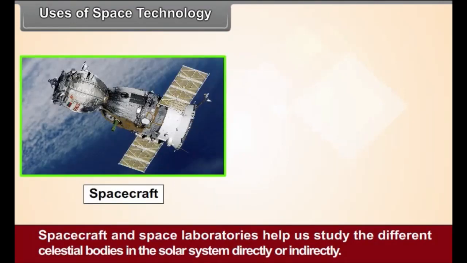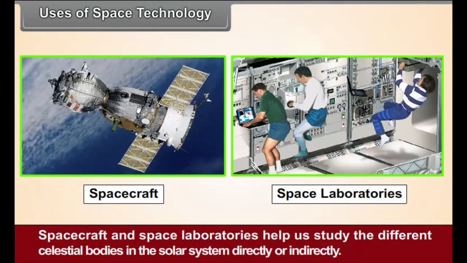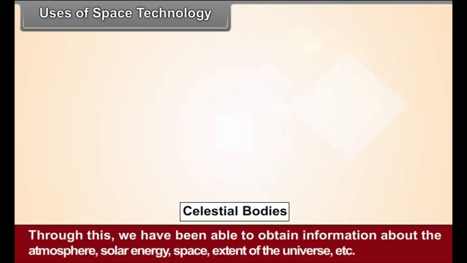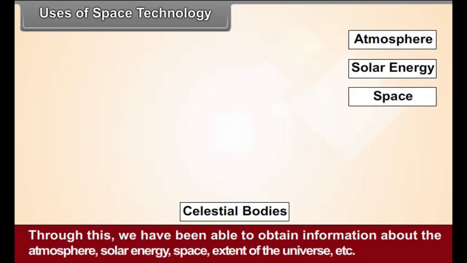Spacecrafts and space laboratories help us study the different celestial bodies in the solar system directly or indirectly. Through this, we have been able to obtain information about the atmosphere, solar energy, space, extent of the universe, etc.